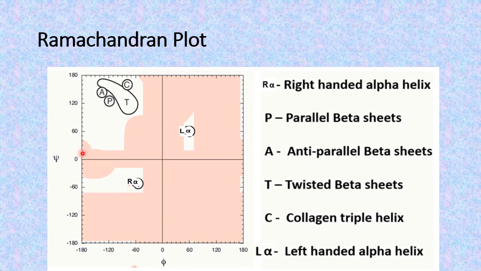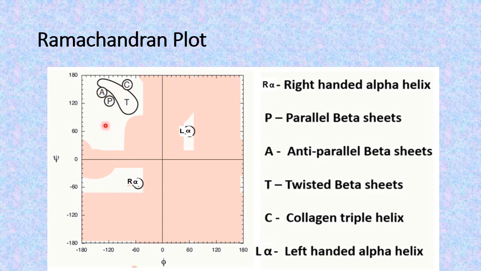So this resulting graph has four quadrants, and the various combinations of these two angles define the secondary structure. In this plot, the possible or stable secondary structures are defined by the combinations of phi and psi in the region that is white in color.